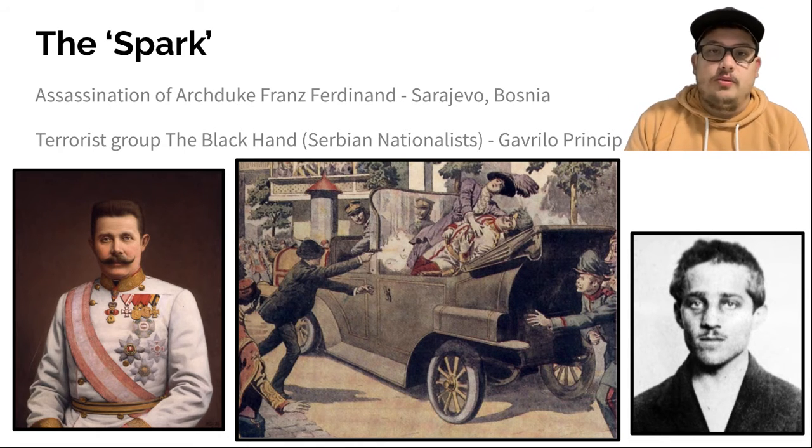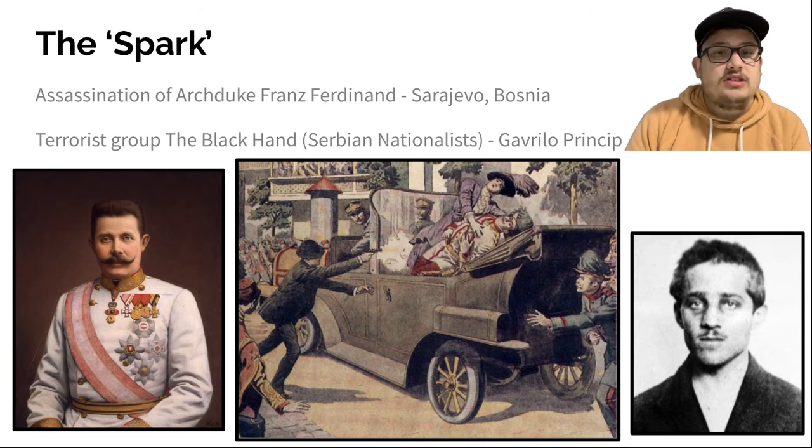And then Gavrilo Princip is stepping out of a place where he was getting a sandwich, and he turns, and down the street coming towards him is the car, so he just jumps up and shoots them, and Franz Ferdinand is going to die. It's actually a little touching. He turns to his wife and he's like, you need to live for the children. She dies.